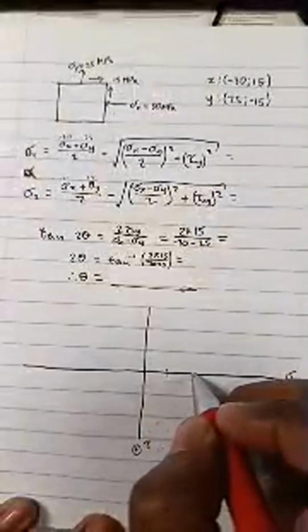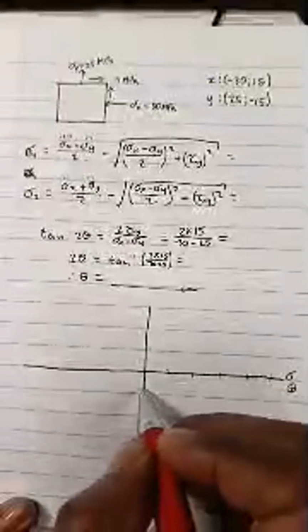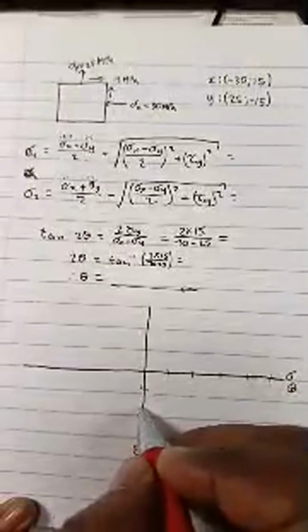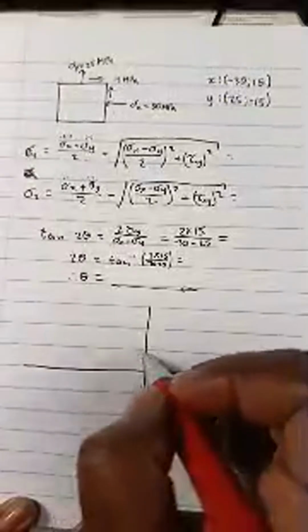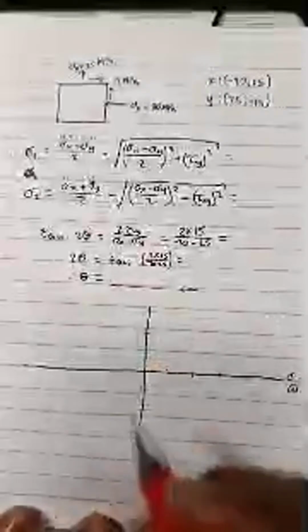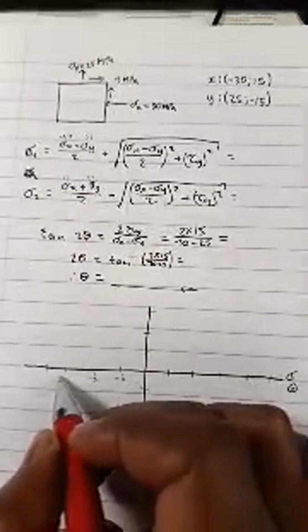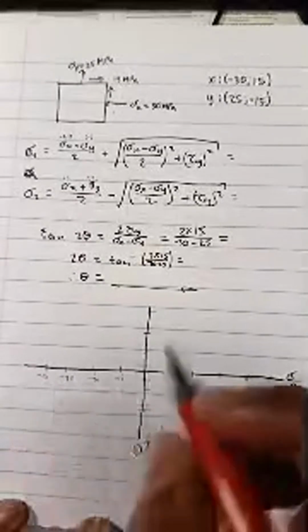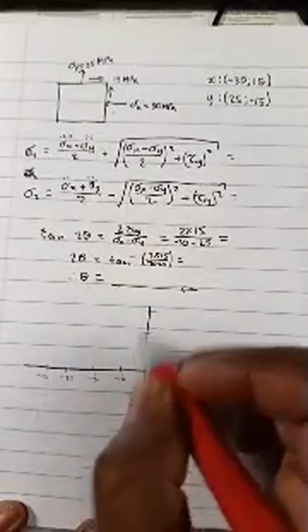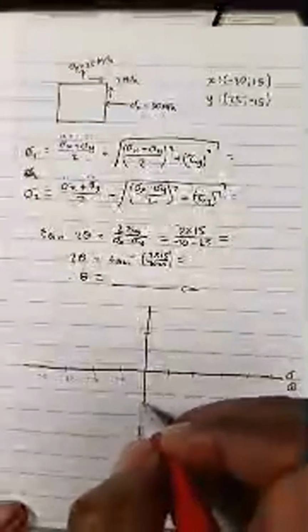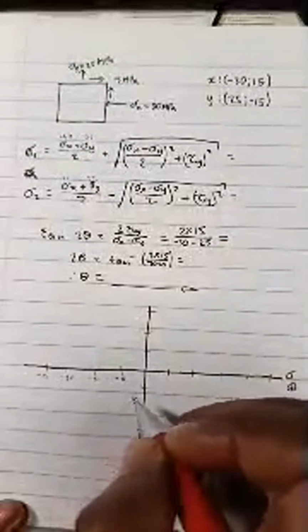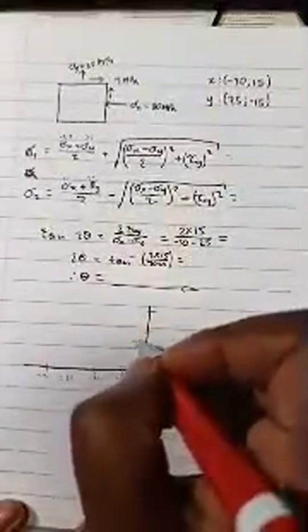So I'll say 10, 20, 30, 40, and so on. These are the negative values. So this is minus 10, minus 20, minus 30, minus 40. And so in the upper are the positive values. Now we have 15. So this is positive 15, and that is negative 15.